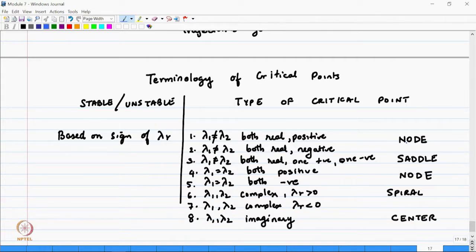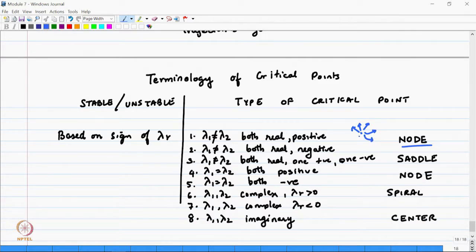In a node, all the trajectories either go to the node if it is stable, or they go away from the node if it is unstable. So, if they are positive, all the trajectories go away from the node, and they can go in various ways. They can go either straight or in curves.